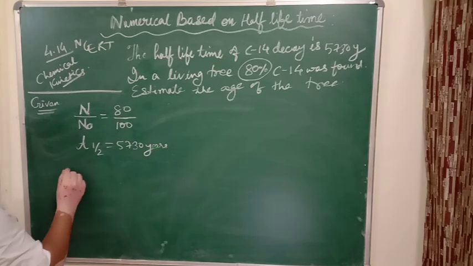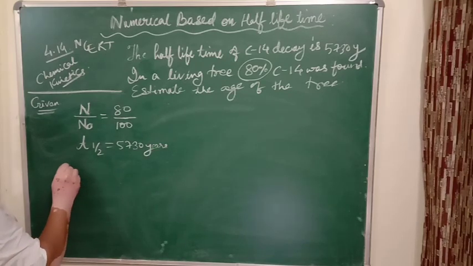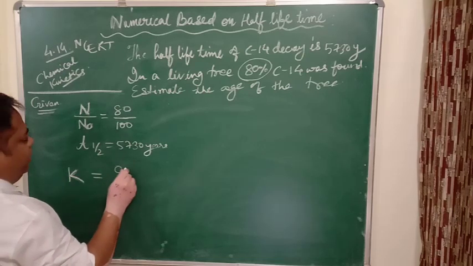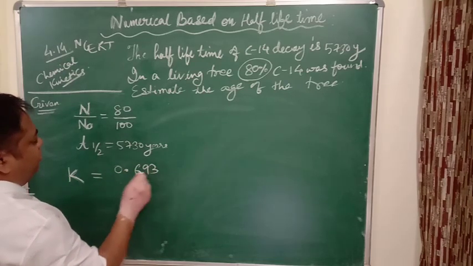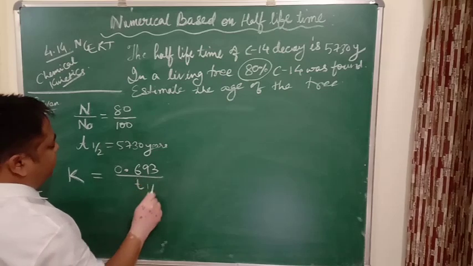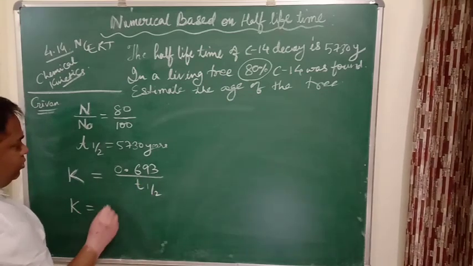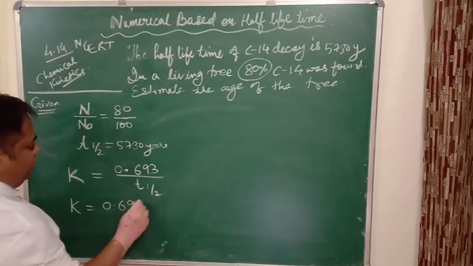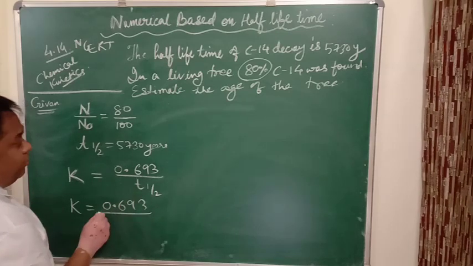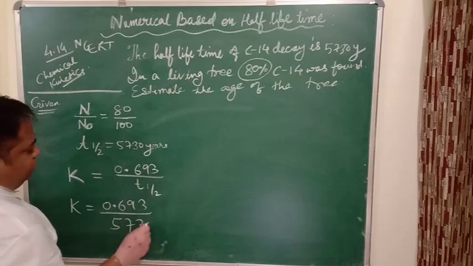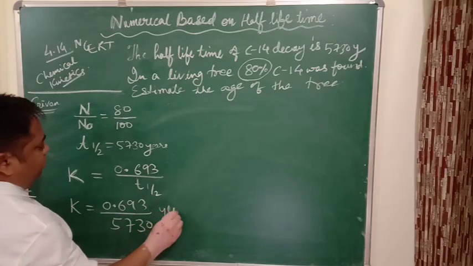So we can find the value of k by using the equation k = 0.693 divided by t half, so k = 0.693 divided by 5730, per year.